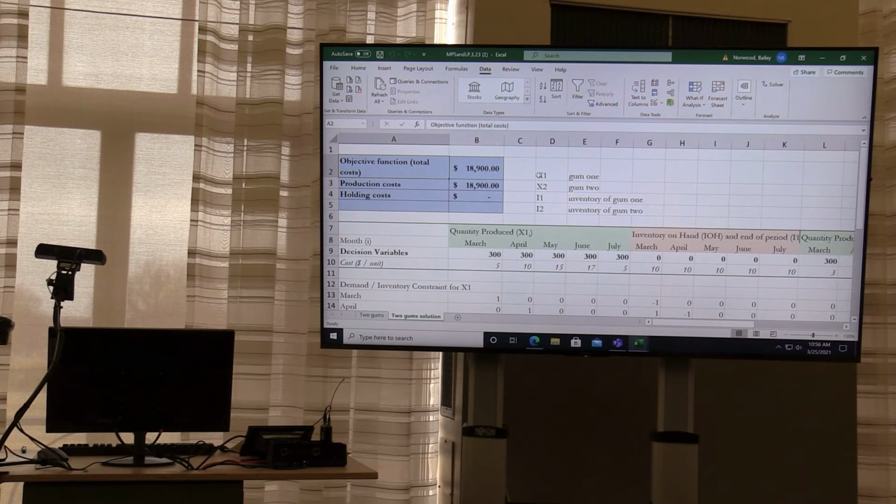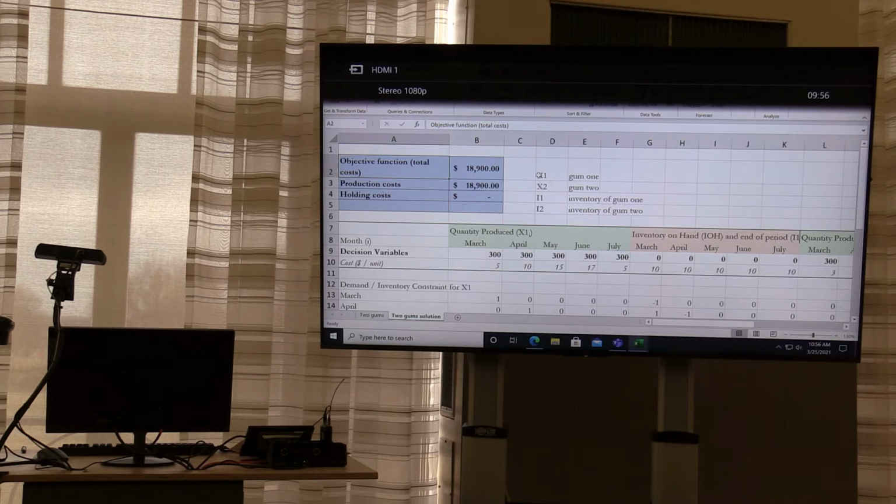I'm not getting what you're getting up there. Let's see your computer real quick. Anybody else not get it? Okay, I think it's that your objective function referred to DECVAR, not DECVAR2.